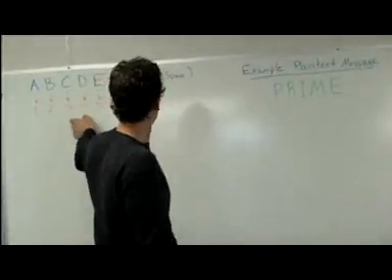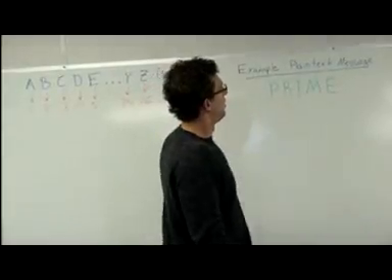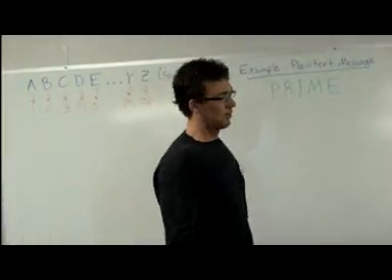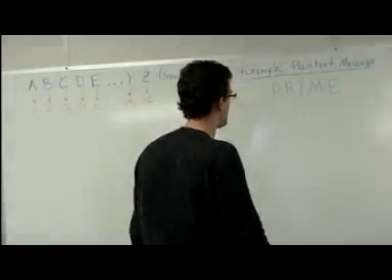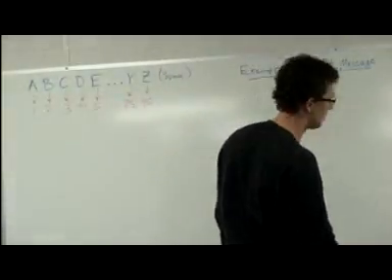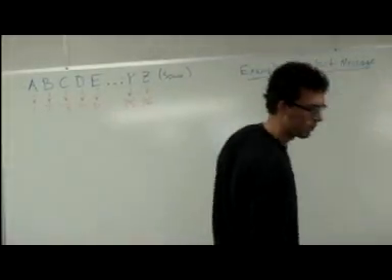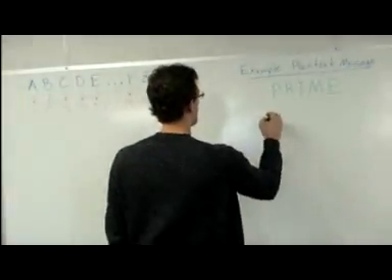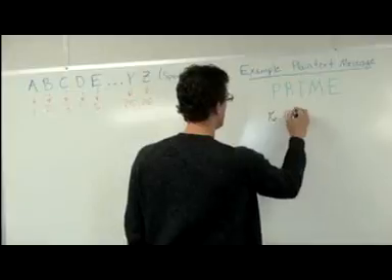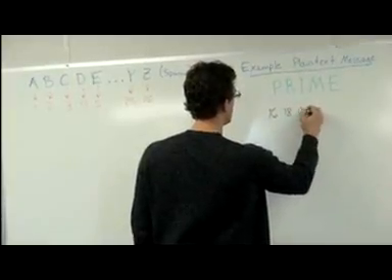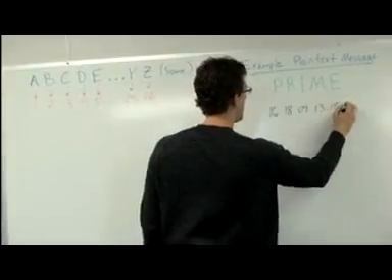And let's use our substitution map on the plain text. So we have 16, 18, 09, 13, and 05.